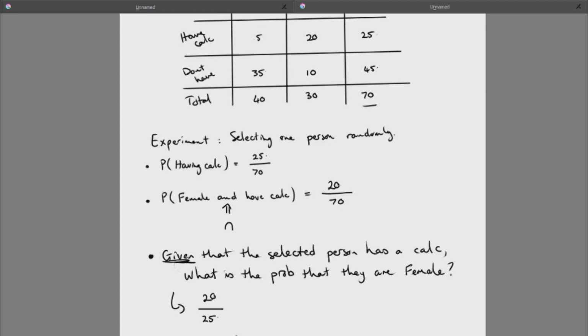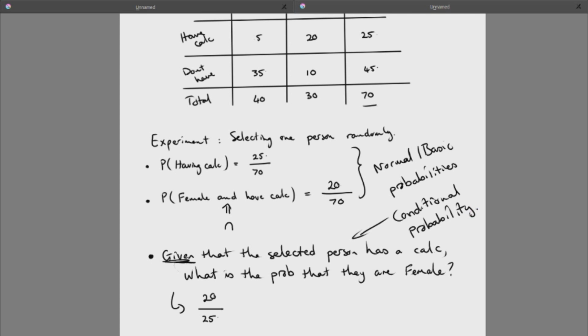So we have this different kind of probability. It's not a normal probability like before. I'll call these normal or basic probabilities. Straightforward counting. This one is called a conditional probability.